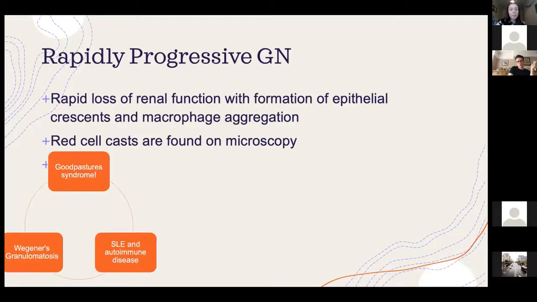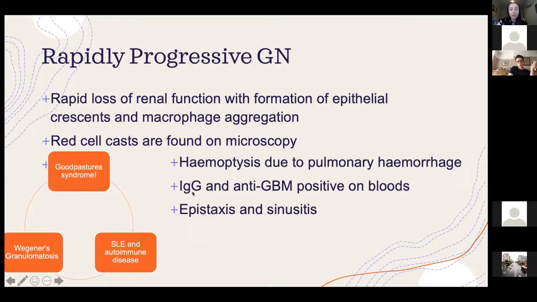The main causes are Goodpasture's syndrome, Wegener's granulomatosis, and other autoimmune diseases. I'm not going to go into too much detail on Goodpasture's and Wegener's granulomatosis because they're often vasculitides, and that will probably be covered in a later revision session for you guys.